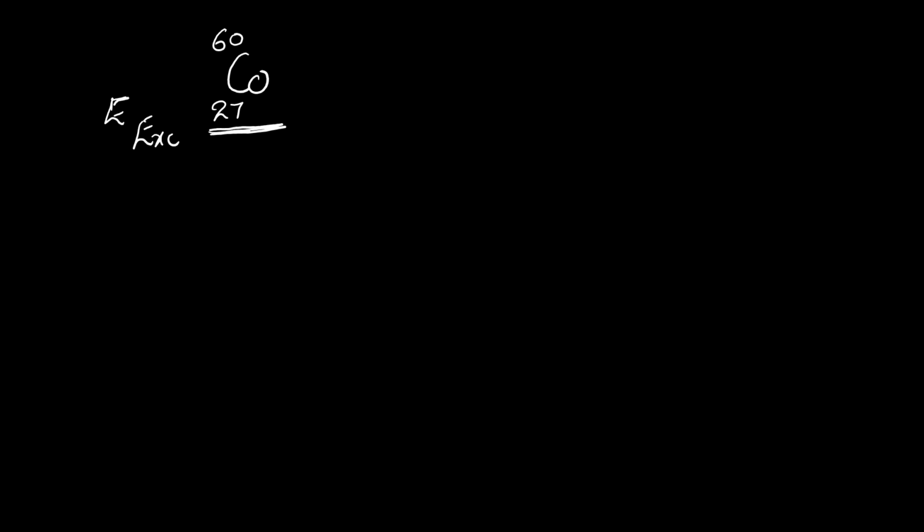Since you know that cobalt is going through beta decay, the atomic number of cobalt is 27, whereas the atomic weight of cobalt is 60. In beta decay, the atomic number is increased by 1. So the atomic number of the new element will be 28, whereas the atomic mass of the new element remains the same.